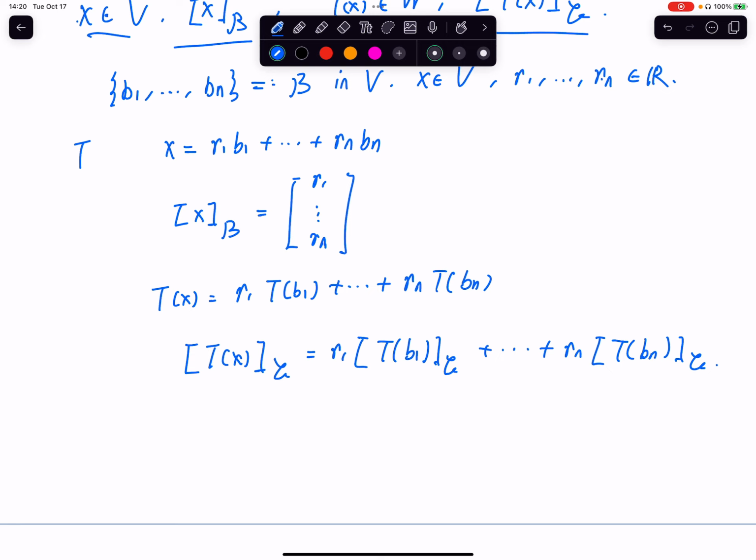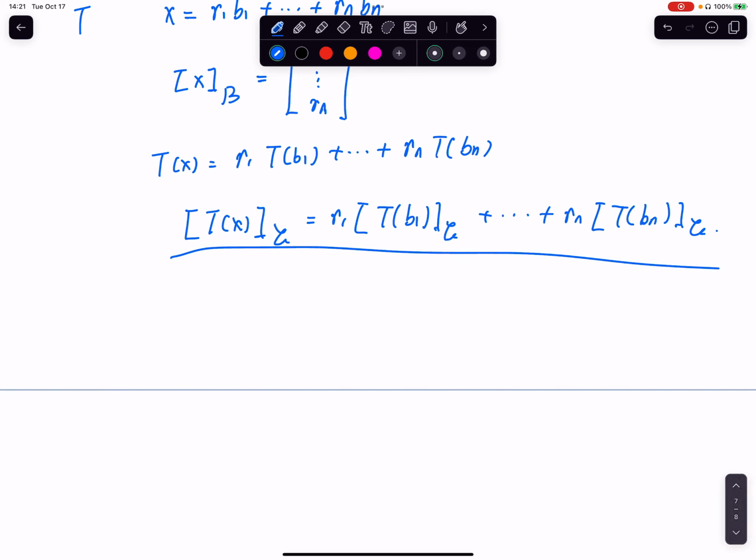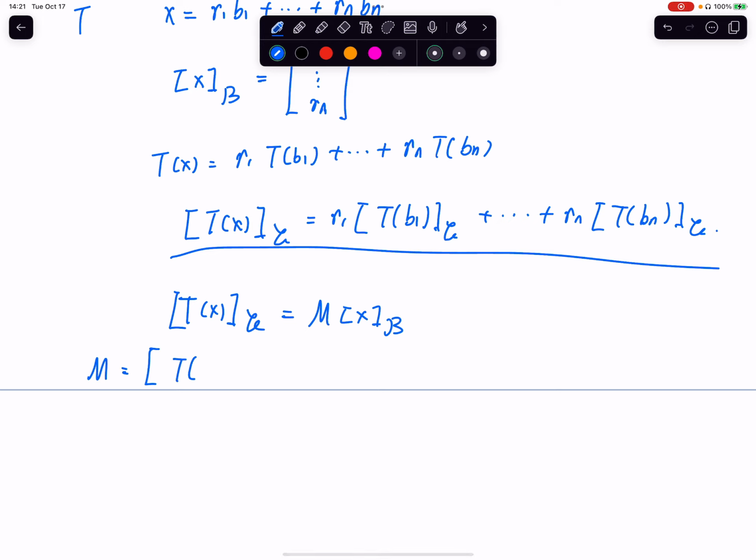Since these C coordinate vectors are in Rm, this equation can be rewritten as a matrix equation. That really means [T(x)]_C equals M times [x]_B, where M is the matrix with columns [T(b1)]_C, [T(b2)]_C, and all the way down to [T(bn)]_C.